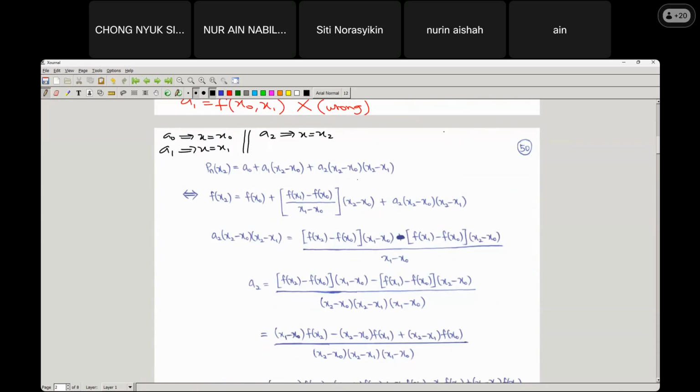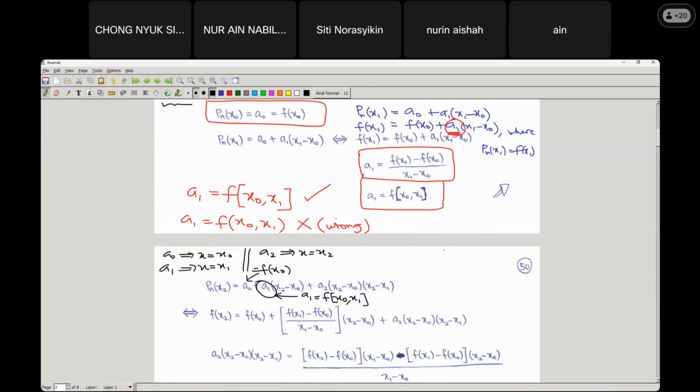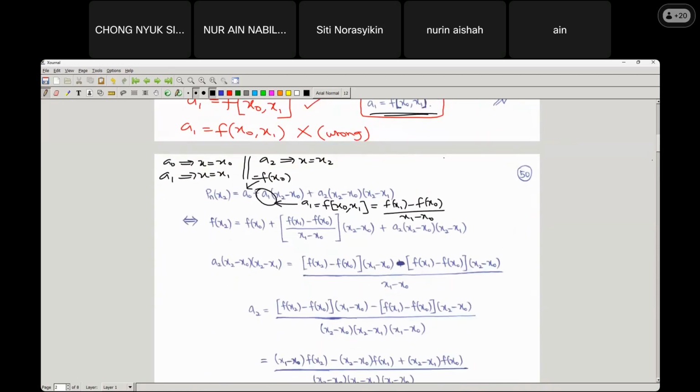Now remember, we have found that our A0 is equal to f(x0), and our A1 is f[x0, x1], which is equivalent to (f(x1) minus f(x0)) divided by (x1 minus x0).